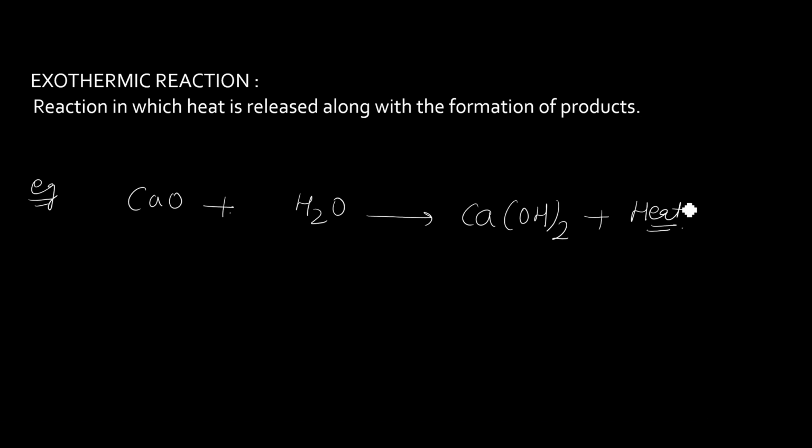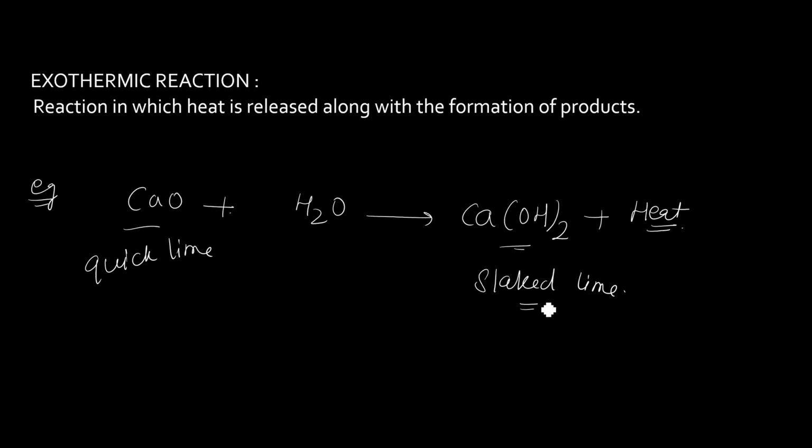So this is also an example of an exothermic reaction. Calcium oxide is known as quicklime and calcium hydroxide is known as slaked lime. So calcium oxide reacts with water and forms calcium hydroxide, and a large amount of heat is released.